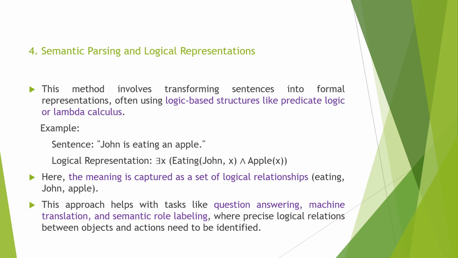And then coming to the semantic parsing and logical representation, we transform sentences into logical representation based on predicate logic or lambda calculus. For example, the sentence John is eating an apple may be converted into a logical representation. There exists X where X is an object, and here the relation is eating.